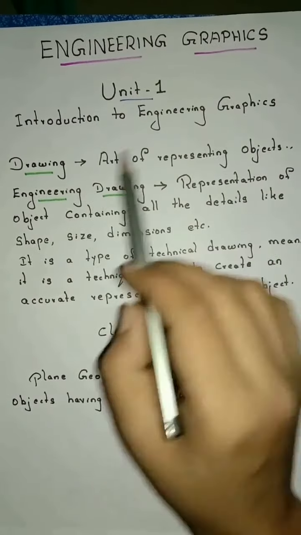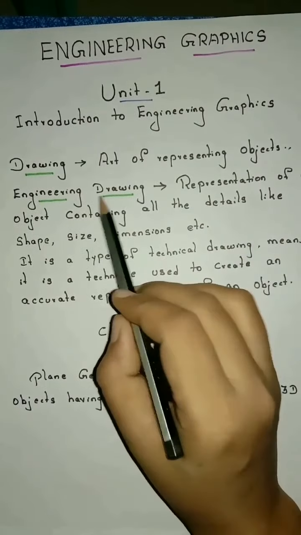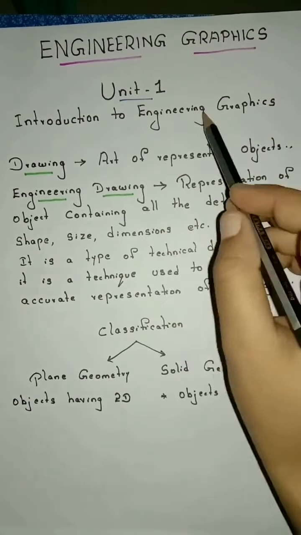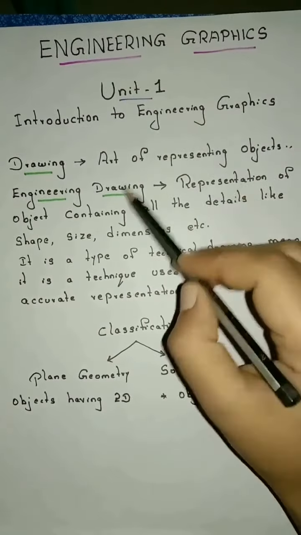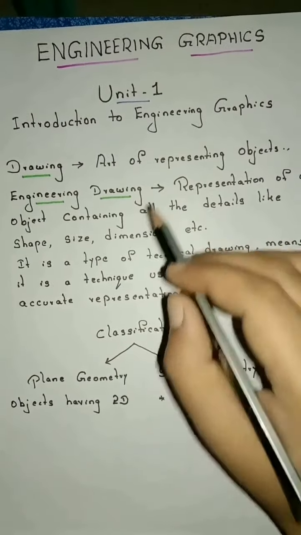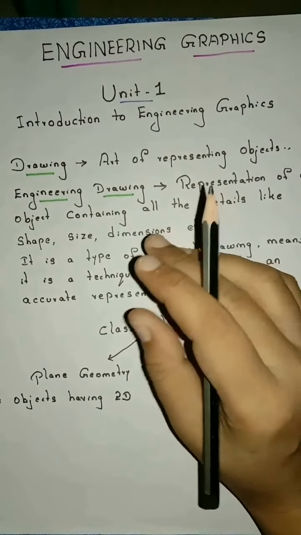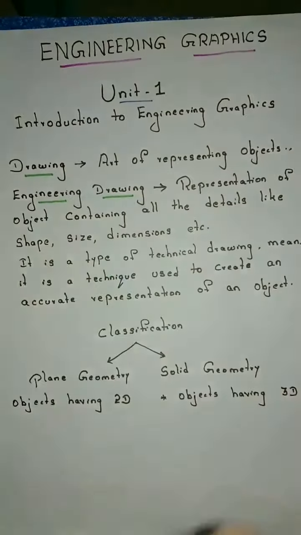See here, I wrote engineering graphics and I wrote engineering drawing. What is the difference between these two? Both are the same. In previous years, we did not have the concept of AutoCAD in the 5 units.